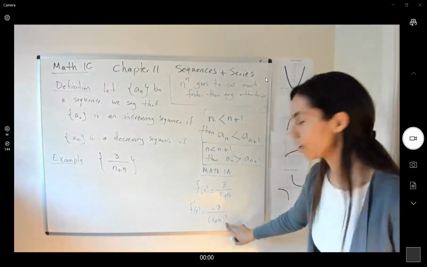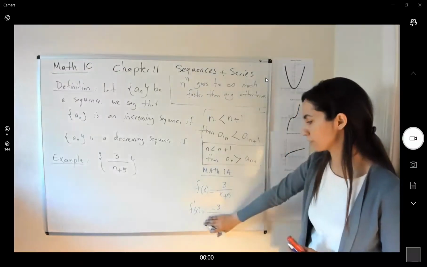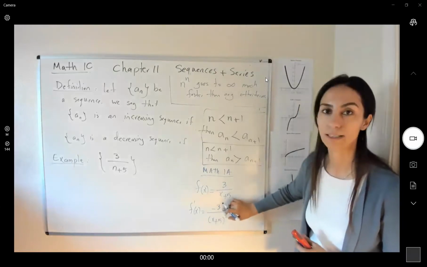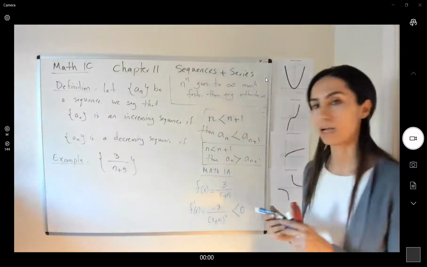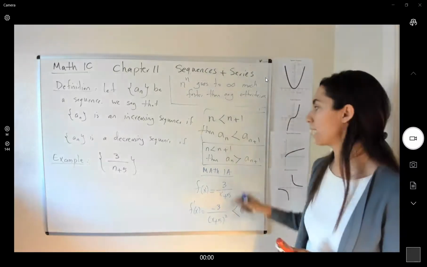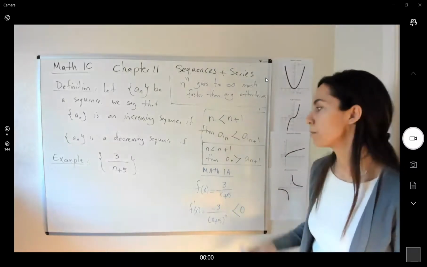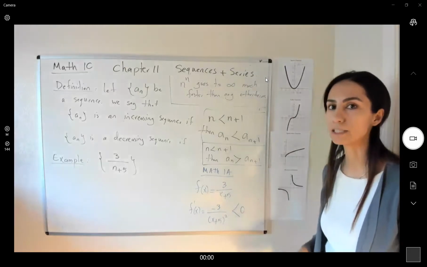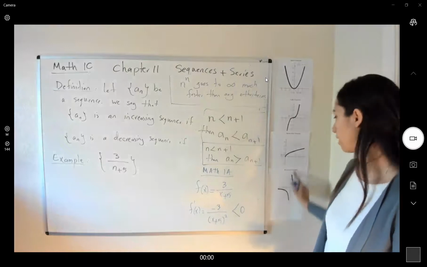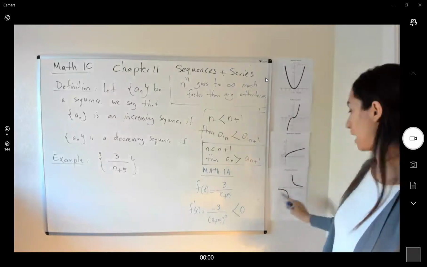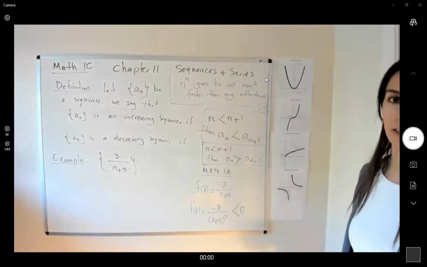The denominator is always positive, and your numerator is always negative. So the derivative of the function is negative, and based on that, in Math 1A you say that my function 3 over x plus 5 is a decreasing function.